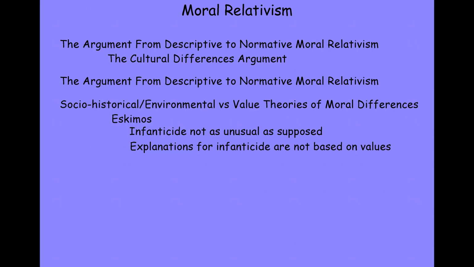And so he's going to offer an alternative explanation for why particular societies might engage in the practice of infanticide, why their moral judgments about infanticide seem to be different. And he's going to want to create a space whereby we can explain the differences in moral codes across societies without supposing that they in fact have different moral values, that they could have the same moral values but have different moral codes nonetheless.